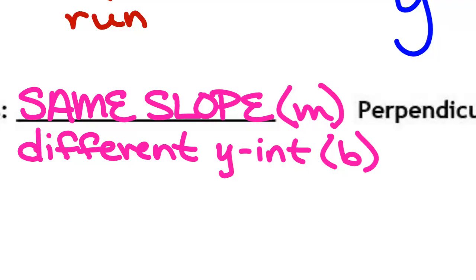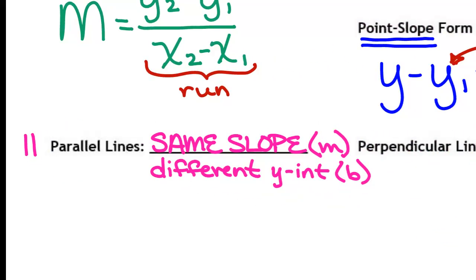Parallel lines have the same slope, but a different y-intercept. And remember, the symbol that we have for parallel is 2 vertical lines side by side. That's what means parallel.